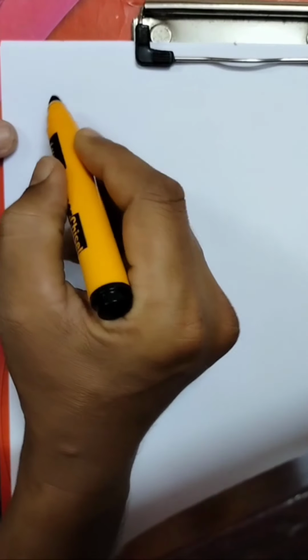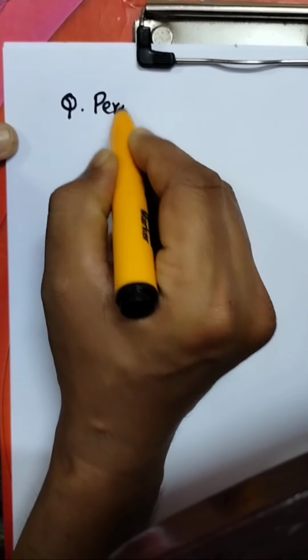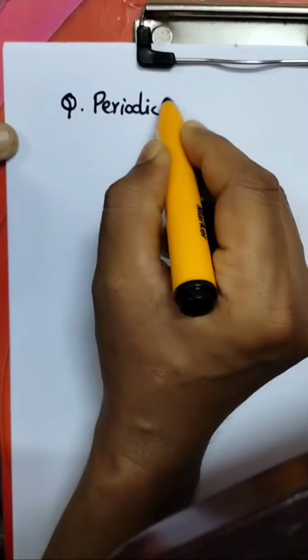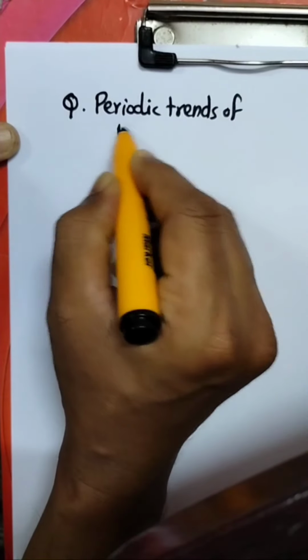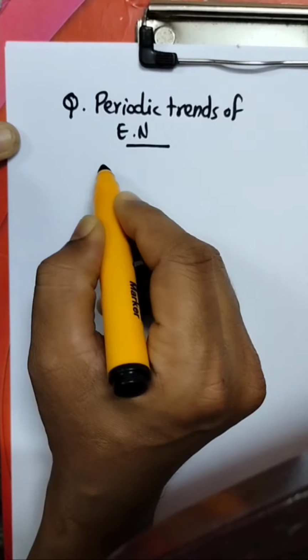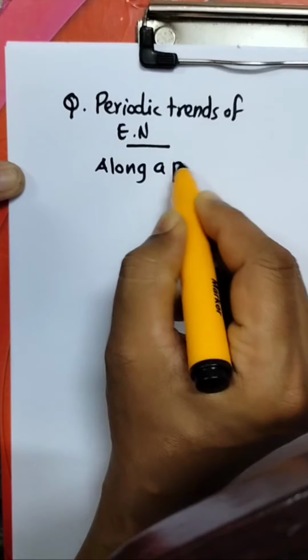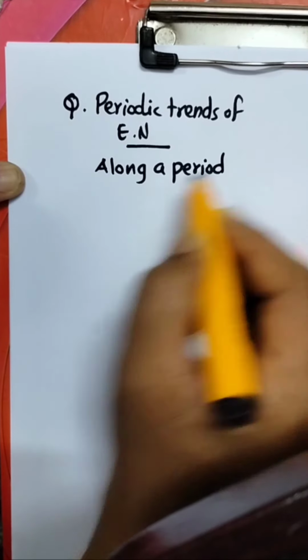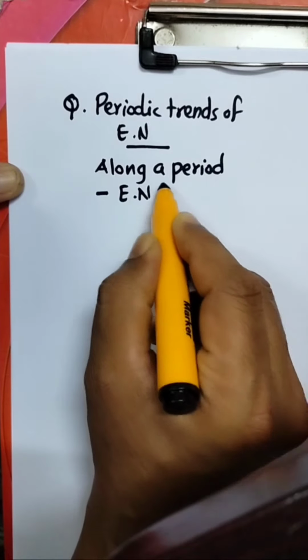Next question, periodic trends of electronegativity. Along a period from left to right, electronegativity increases.